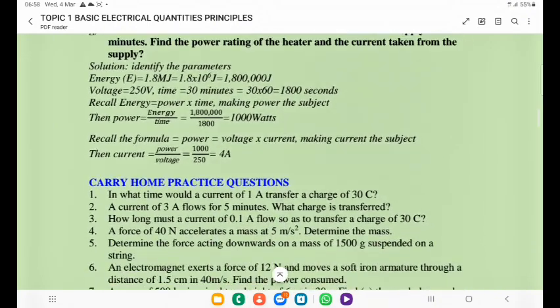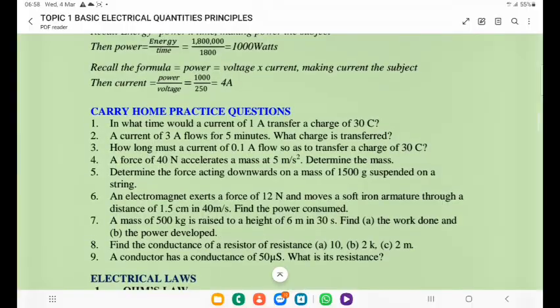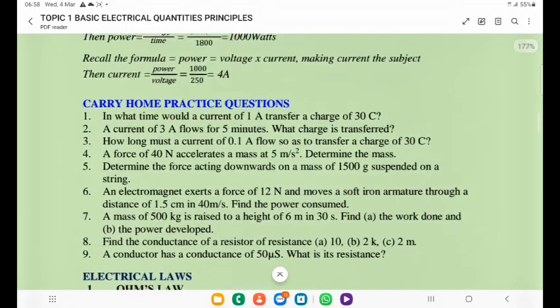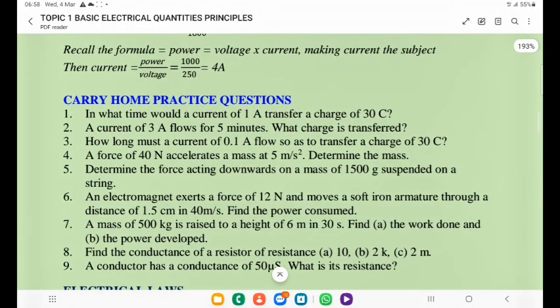So here we have some practice questions that you can go practice, where it talks of in what time would a current of 1 ampere transfer a charge of 30 coulombs. So you have been given current and you have the charge, so they want you to determine the time. And then next, a current of 3 amperes flows for 5 minutes.